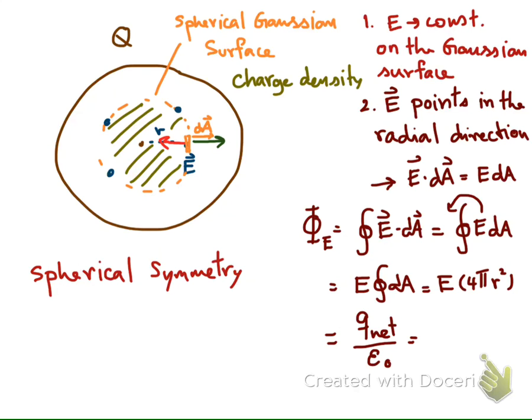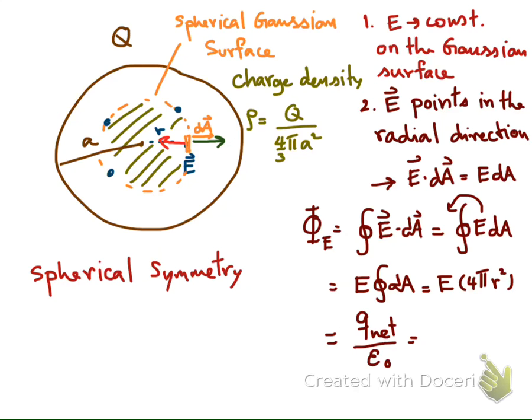The charge density rho must equal Q over the volume of the object, which is 4 over 3 pi a cubed, where a is the radius of the sphere.